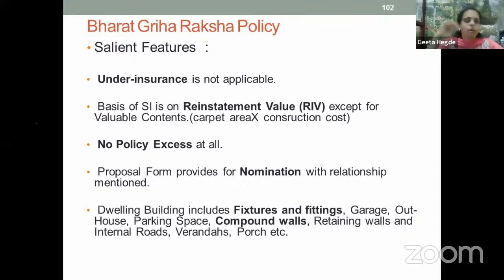Now here what is important is carpet area must be correct. The construction cost may be incorrect a little bit, but the major difference will be there, or it will affect the claim settlement, if the carpet area goes wrong. So it is necessary that the carpet area must be correct.